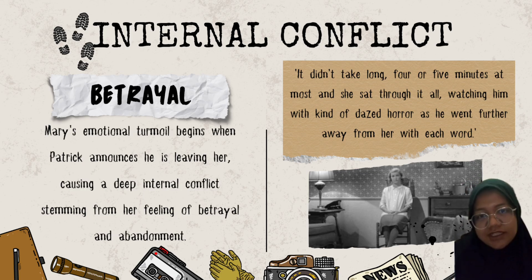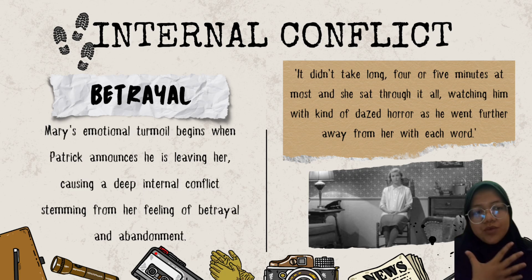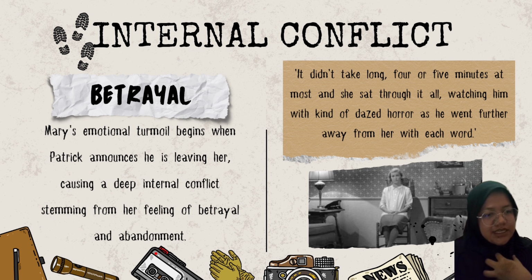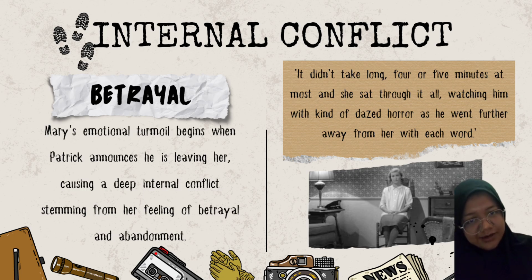Why is it betrayal? It is because when Patrick announced that he is going to leave her soon, it caused a deep internal conflict inside Mary. She felt betrayed and abandoned after she heard that Patrick already had someone else behind her back.